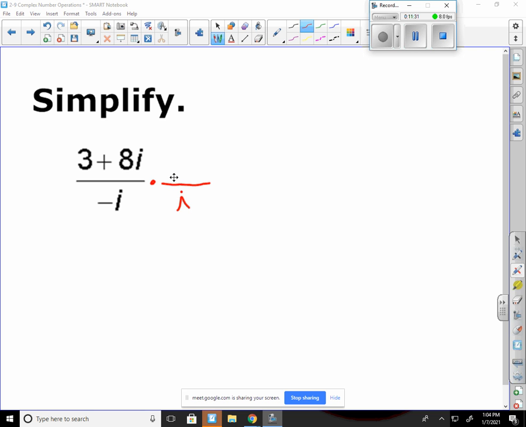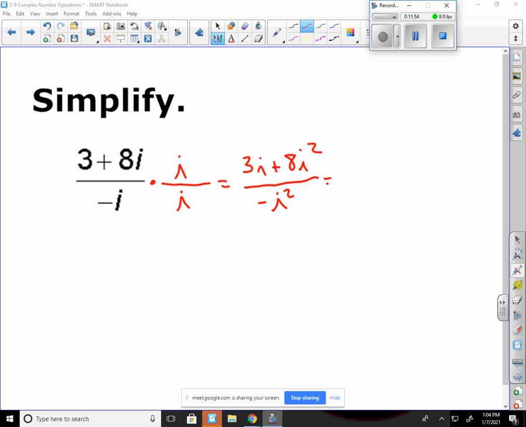So I multiply both the top and bottom by i. On top, this is going to become 3i plus 8i squared. And on the bottom, this just becomes negative i squared.